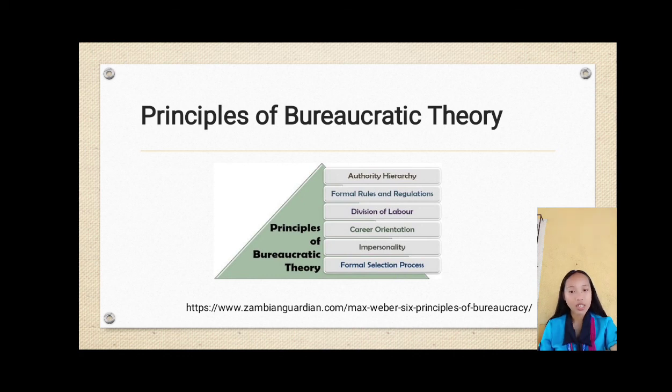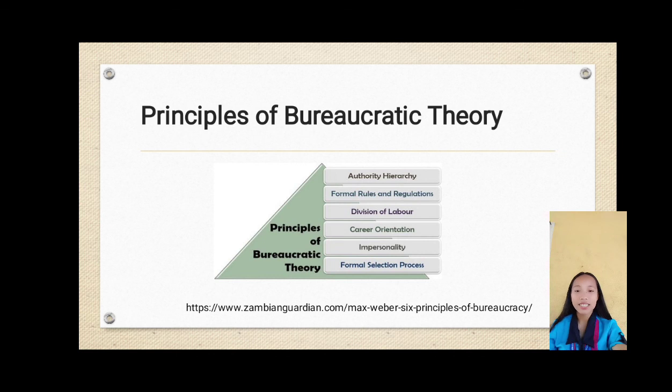Fourth, the career orientation. Fifth, impersonality. And the last, formal selection process. Usually, government organizations majorly adopted Max Weber's bureaucracy theory. Weber gave these six principles for managing an organization effectively and efficiently.